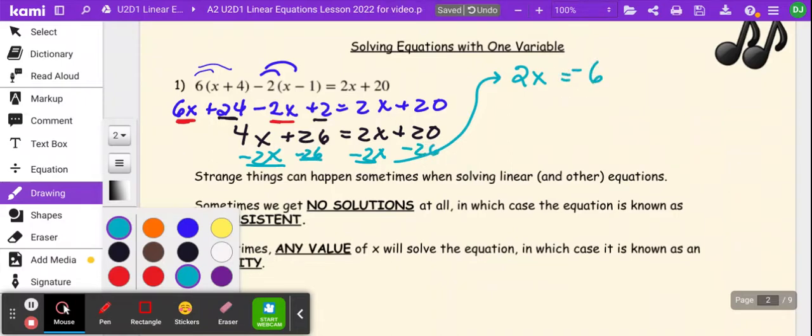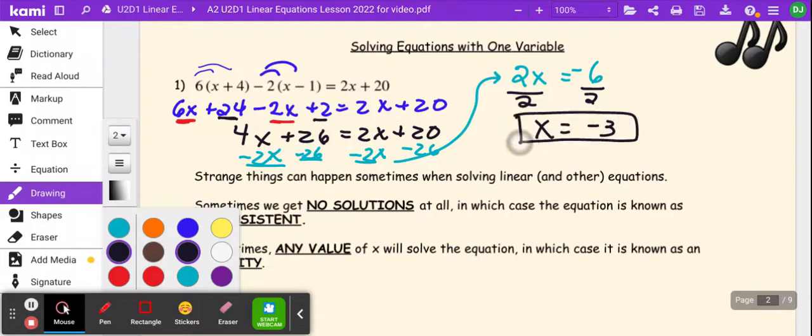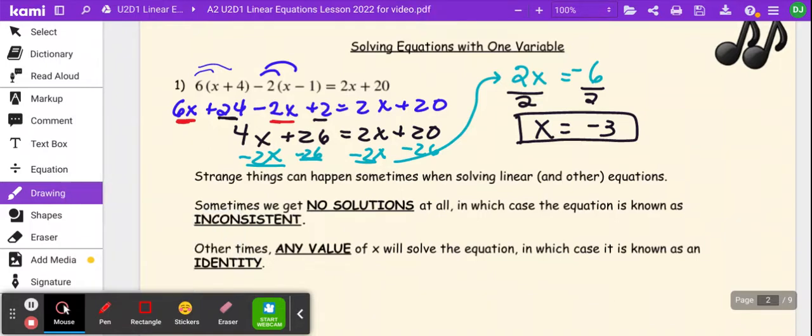And it'll give me a negative 6. And then last but not least, if I divide by 2 on both sides, I get x equals negative 3. Okay, so here you have a linear equation, and our solution is negative 3. Again, this should be reminiscent of Algebra 1.